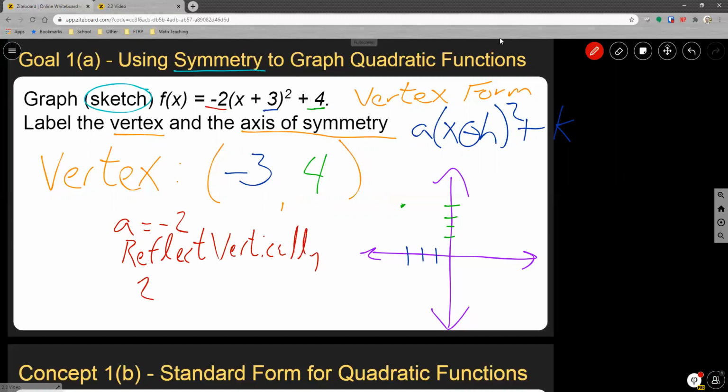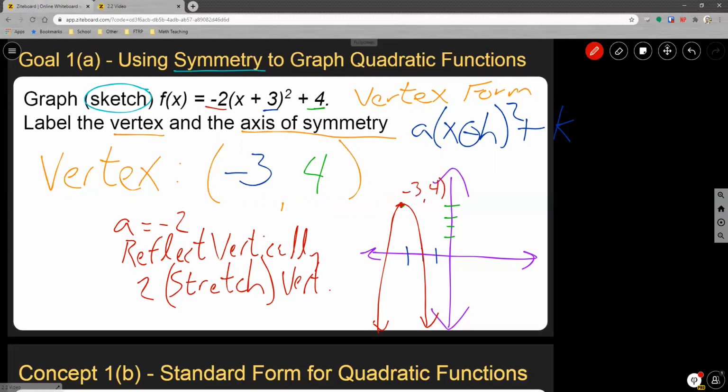And then the 2 is going to be a stretch, also vertically. So with a -2, I know it's being flipped upside down. The u is going to be pointing down, and my graph is going to be stretched by a factor of 2. So it's going to look something like that with a vertex at -3, 4.